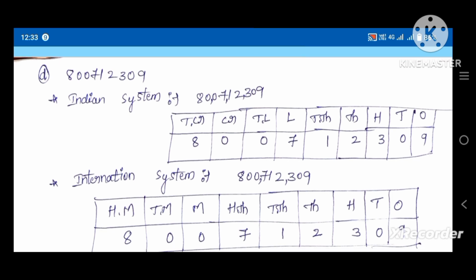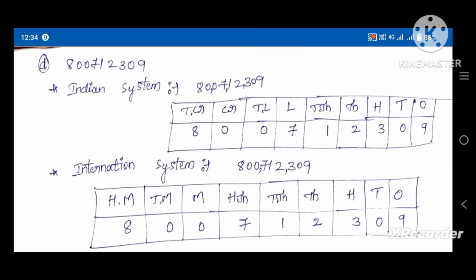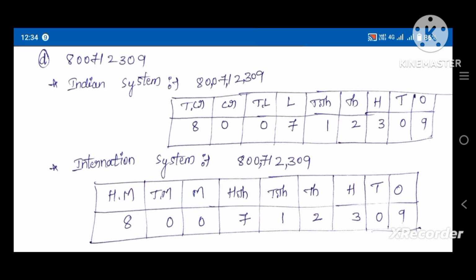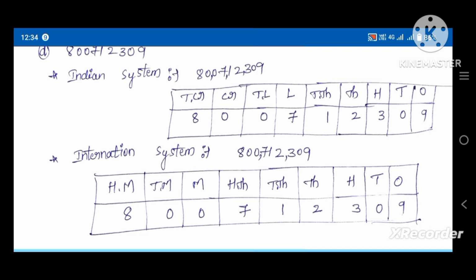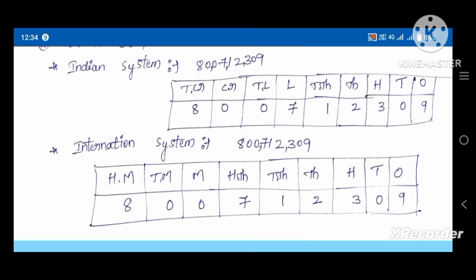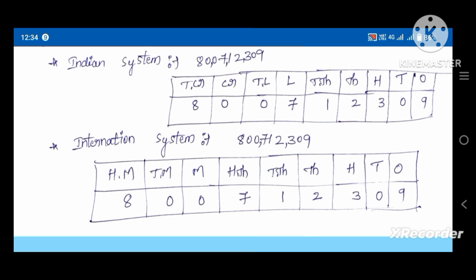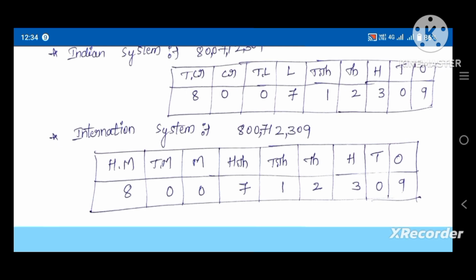Indian system, 80 crore 7,12,309. Ones place 9, tens place 0, hundred place 3, thousand place 2, 10,000 place 1, lakhs place 7, 10 lakh place 0, crore place 0, 10 crore place 8.